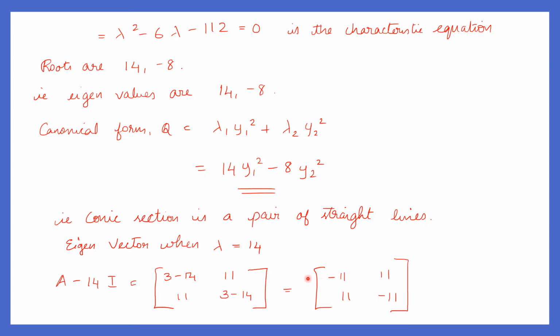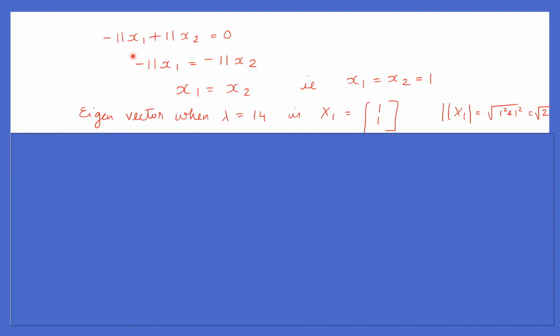If this is evaluated, we get the equation minus 11x1 plus 11x2 is equal to 0, and we can write it as minus 11x1 is equal to minus 11x2. So cancelling minus 11 from both sides, it will be x1 equal to x2. So x1 equal to x2 means that x1 is equal to 1, x2 is also equal to 1. So the eigenvector when lambda equal to 14 is 1, 1.